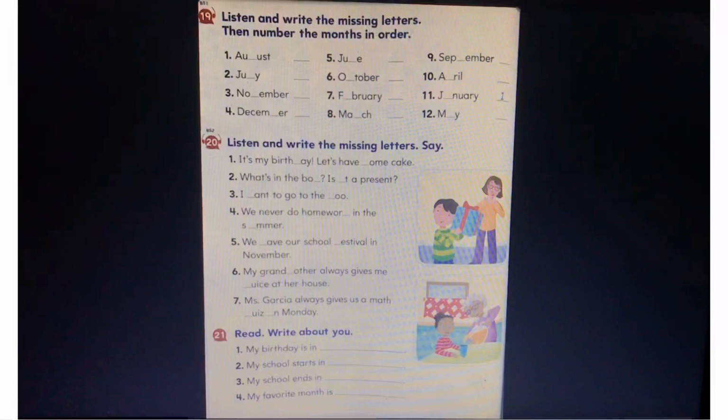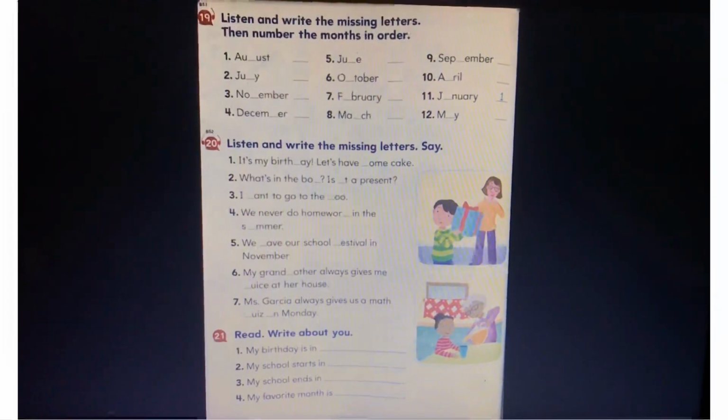Then number the months in order. 1, August, 2, July, 3, November, 4, December, 5, June, 6, October, 7, February, 8, March, 9, September, 10, April, 11, January, 12, May.